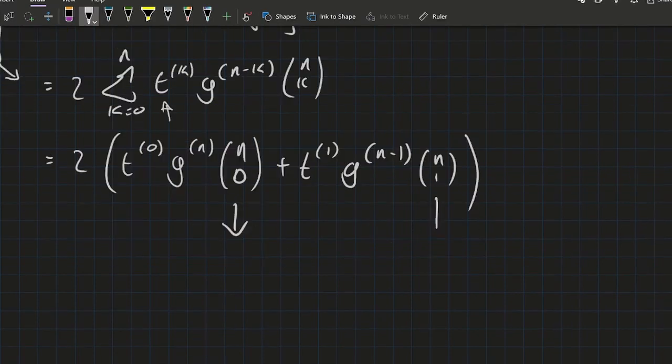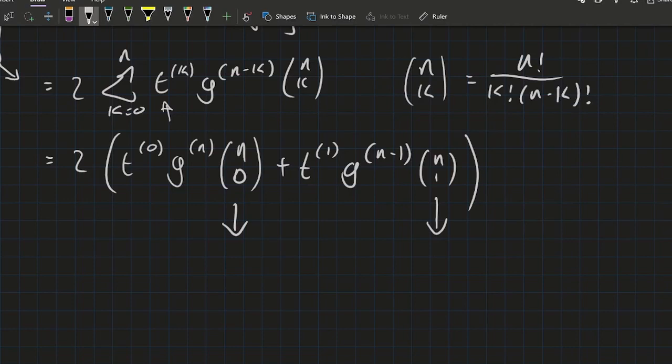These coefficients are given by the formula n factorial over k factorial times n minus k factorial. So if we set k equals 0, we have n factorial over n factorial, which is just 1. And if k is equal to 1, then we have n factorial over 1 factorial times n minus 1 factorial. 1 factorial is 1, so it's n factorial divided by n minus 1 factorial, which is just n.